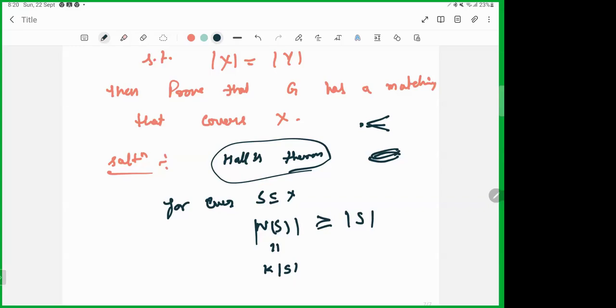You are treating all of them as different. Neighborhood of S means all the vertices which are adjacent to S. But this is giving you only one vertex if all these k edges are going to the same vertex, B1.